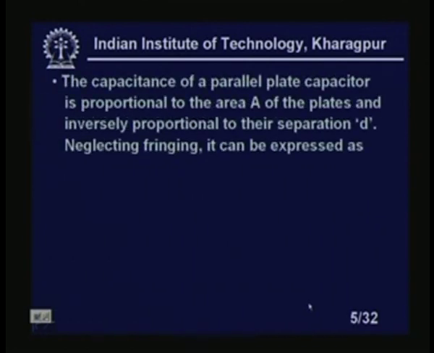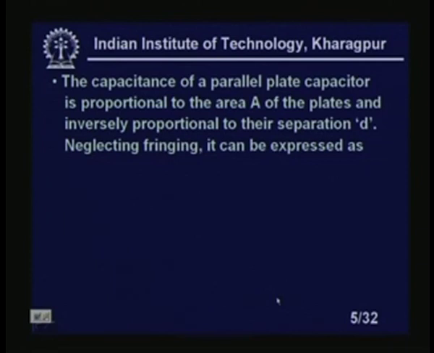Now, see the capacitance of a parallel plate capacitor is proportional to the area A of the plates. Okay, the area can be anything, can be a circle, can be the cylinder, and inversely proportional to their separation D. Separation between the plates is D. In the case of a cylinder, it will be the separation which is the difference of the outer and the inner radius of the two plates. And neglecting fringing, you know the fringing effect is always there in the capacitance.